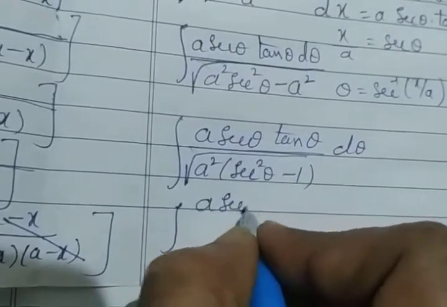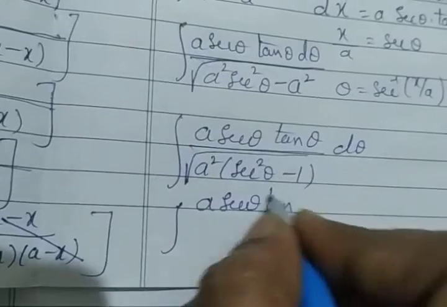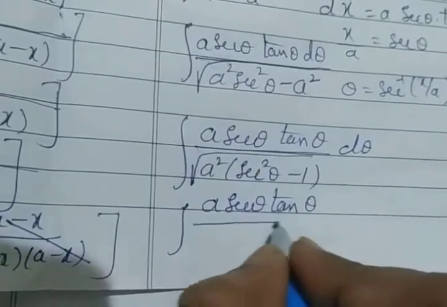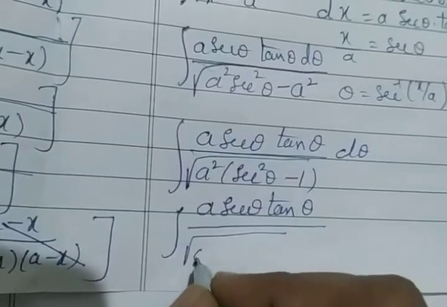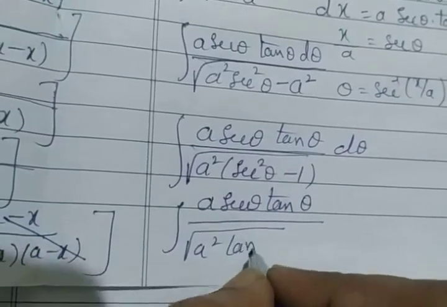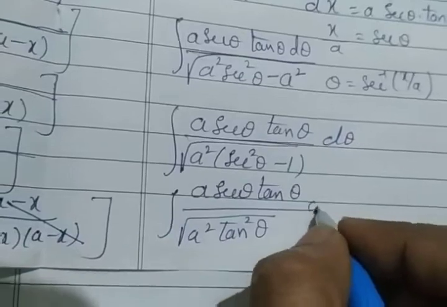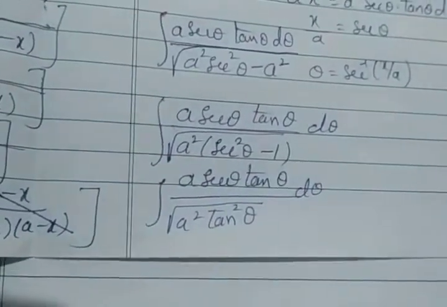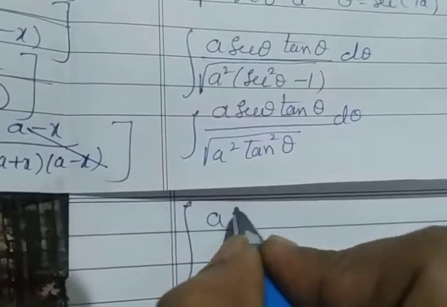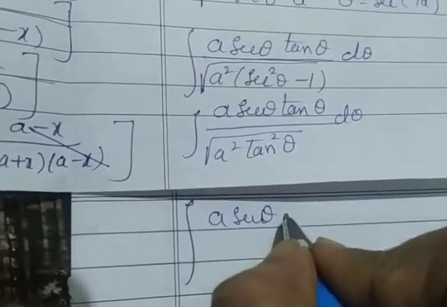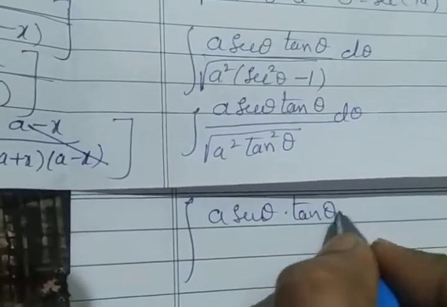A secant theta into tan theta divided by, take out root of a square, tan square theta d theta. So continuing, integral of a secant theta into tan theta.